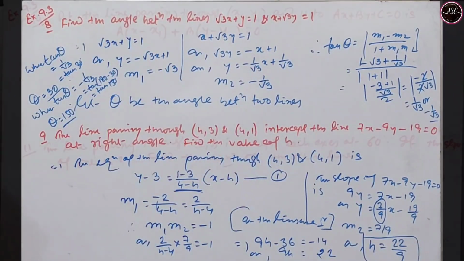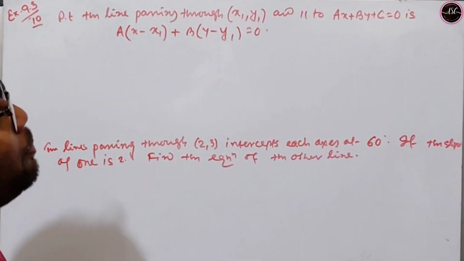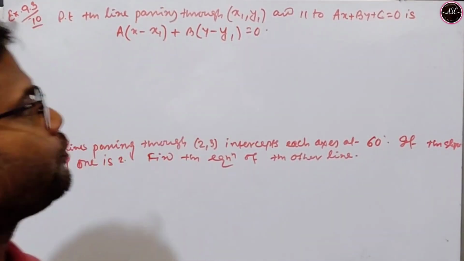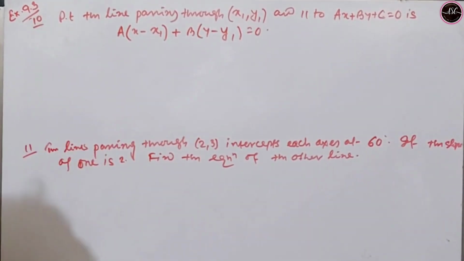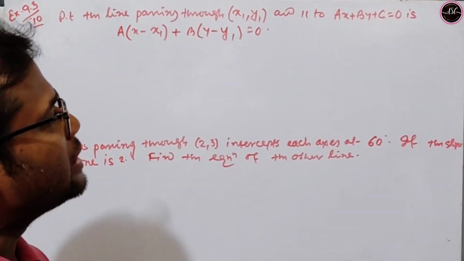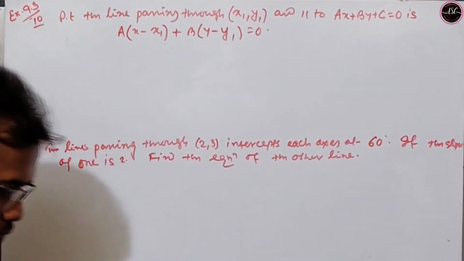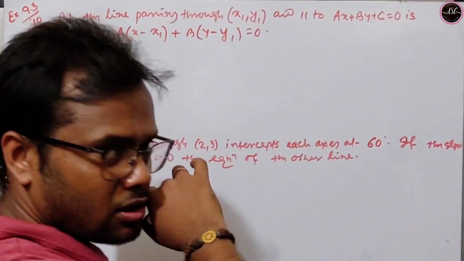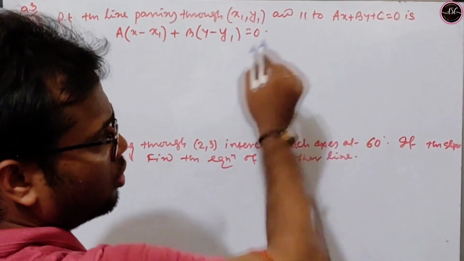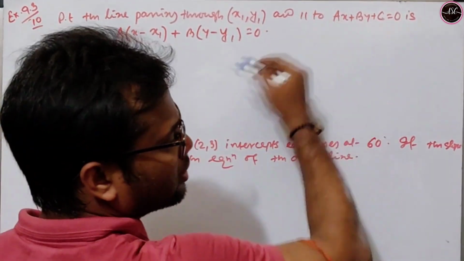Okay, just look at this question. Prove that the line passing through (x1, y1) and parallel to ax plus by plus c equal to 0 is a into (x minus x1) plus b into (y minus y1) equal to 0. As this line is parallel to this, the slope of this line is equal to that. So we first find out the slope of this line.